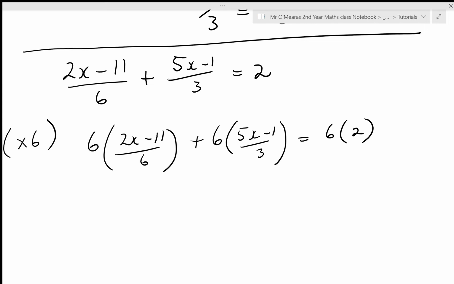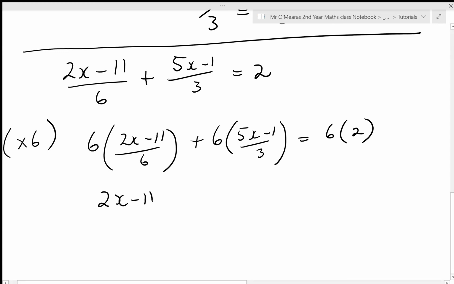We're multiplying this thing by 6, but there's also a divide by 6 on the bottom. If you multiply something by 6 and divide by 6, you end up with that thing by itself. So we end up with 2x minus 11, because 6 divides into 6 one time.